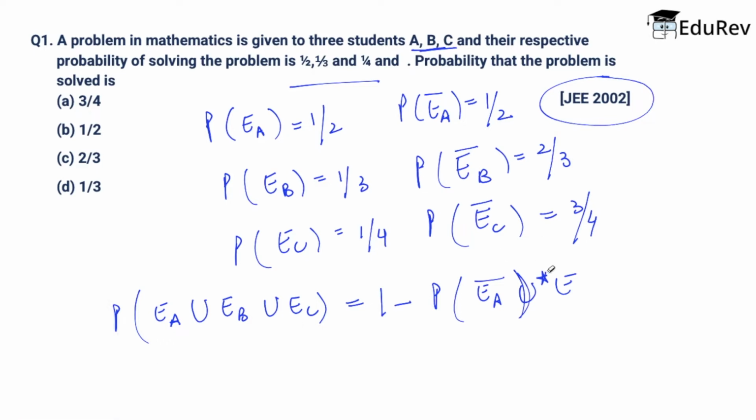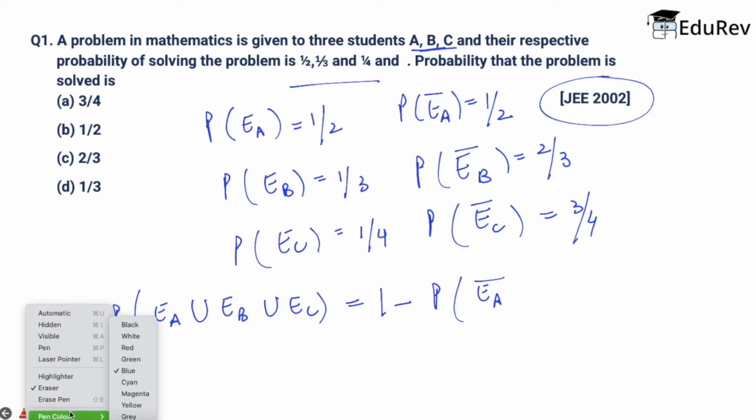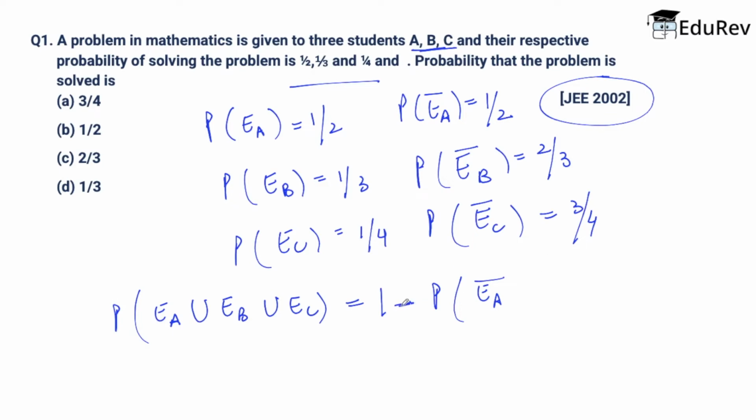So what we need to write actually here is not union, but instead we need to write what? We need to write that it's going to be 1 minus the probability that A isn't solving the question, then B isn't doing it, and similarly the probability that C isn't doing it.